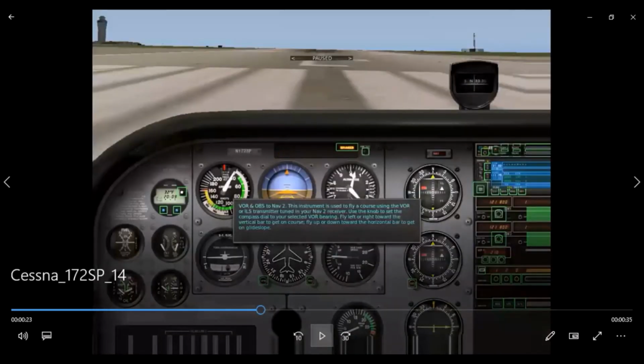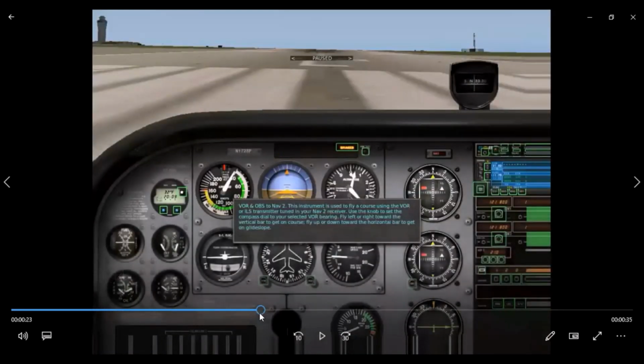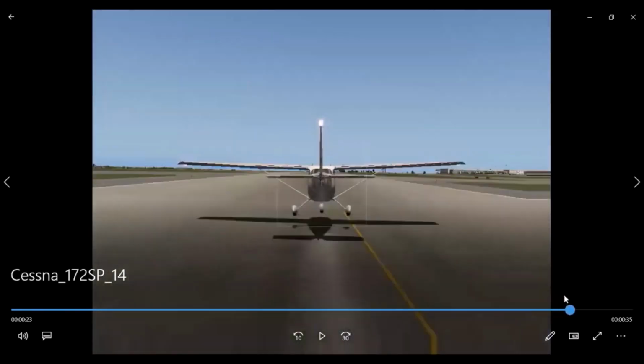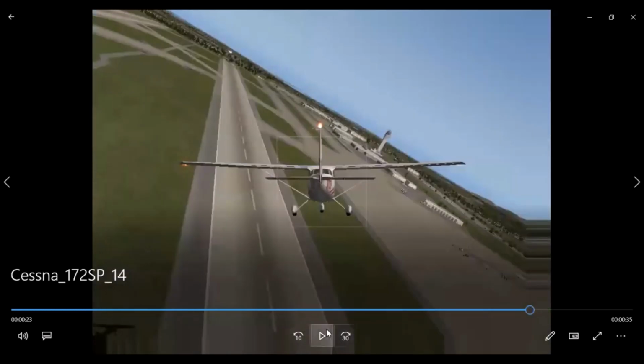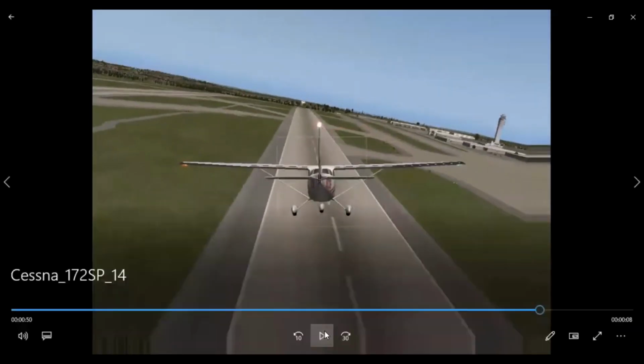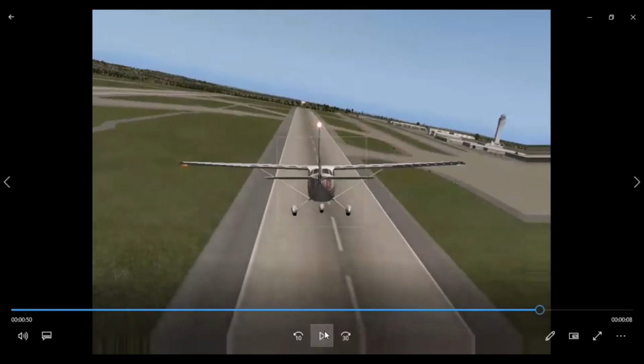Now let's land with the flaps up. So again, we lowered the RPM to 1,500. For flaps up and down, I also kept it to 85 knots. It's really important to keep the wings level.